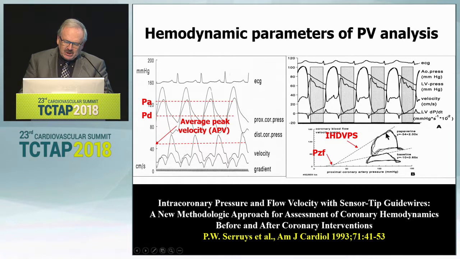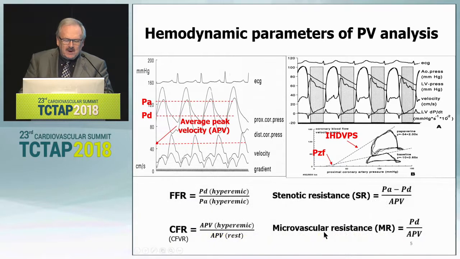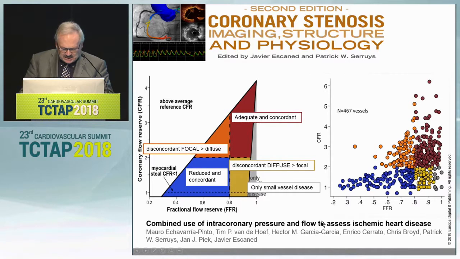And then using the hyperemia, we could calculate this index of hyperemic diastolic velocity pressure slope as well as the pressure at zero velocity. That was in 93, and we created a few parameters. But the mistake that I made is that I did not realize the beauty of this development.